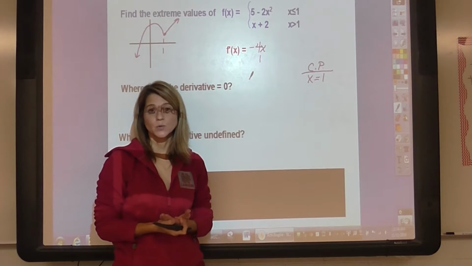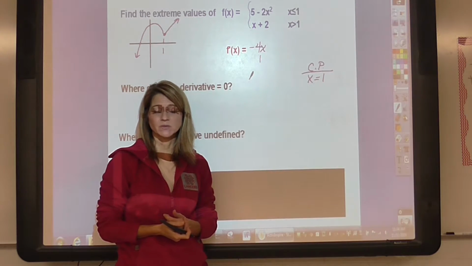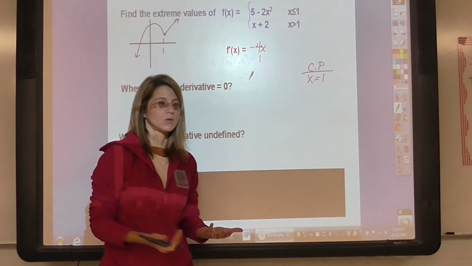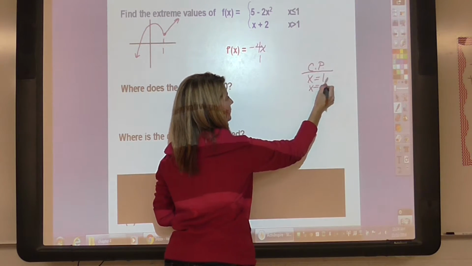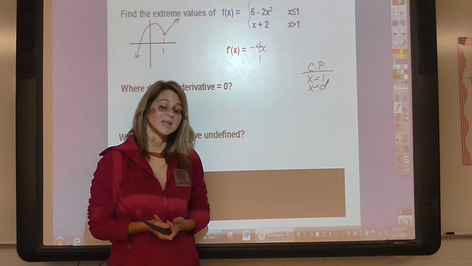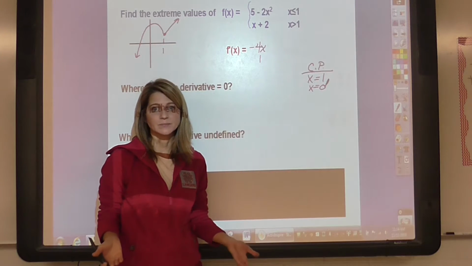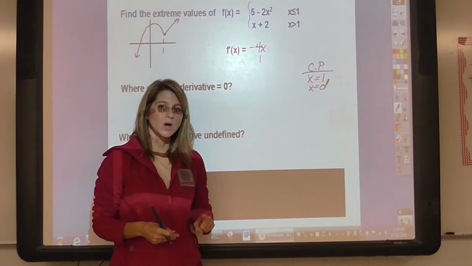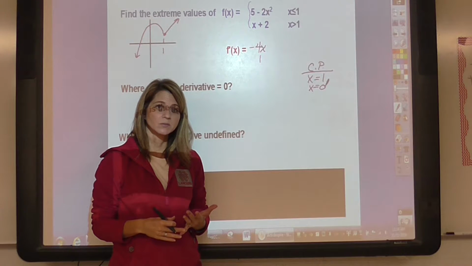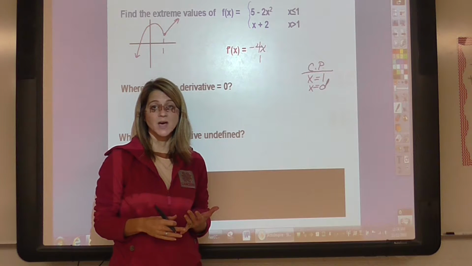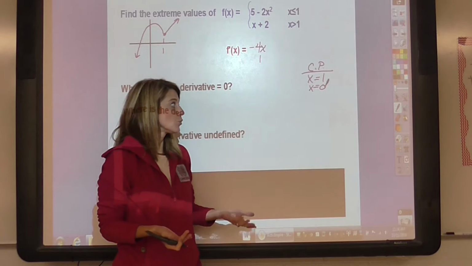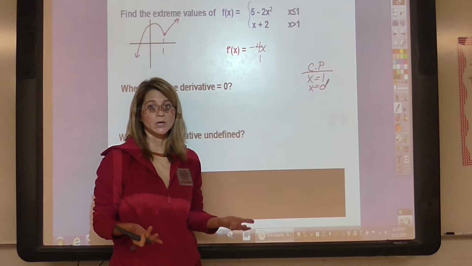Looking at negative 4x, what is going to make the derivative equal 0? 0. What's going to make that derivative undefined? Nothing. So how about the derivative of 1? What makes it equal 0? Nothing. What makes it undefined? Nothing. So we're only down to 2 critical points.